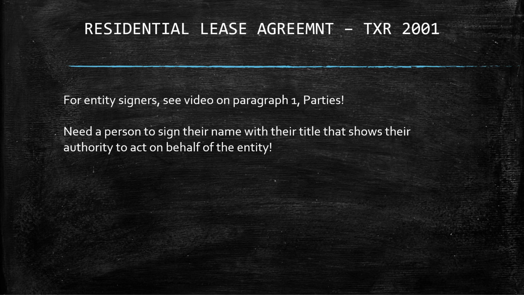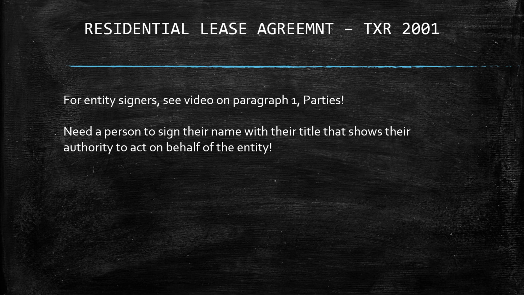But the bottom line is when we're dealing with an entity as a party to a contract, in order for that entity to sign, the entity cannot sign its own name. So what we need is a person, a human, who is going to sign their name on behalf of the entity.